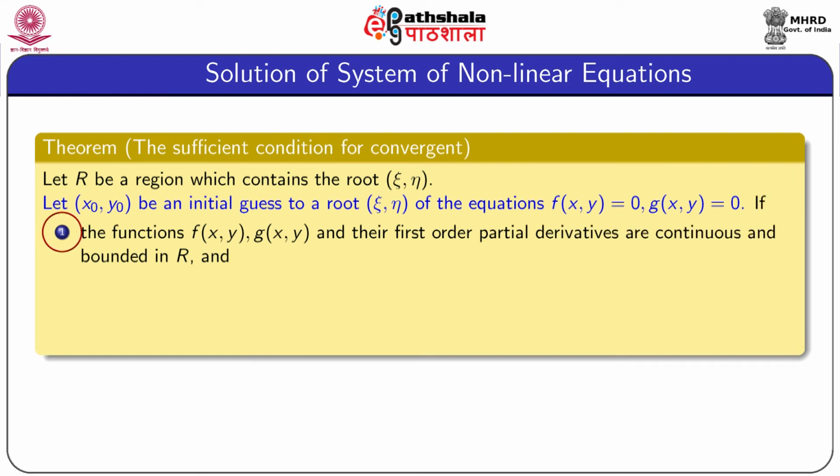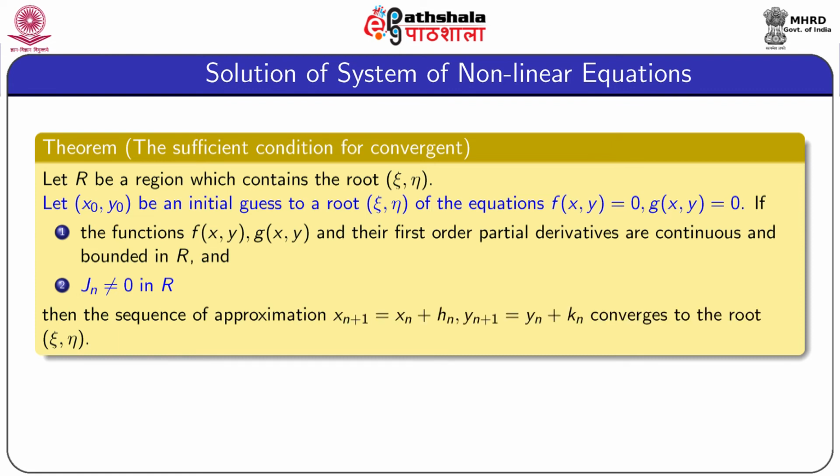If the functions f, g and their first order partial derivatives are continuous and bounded within the region R, and also the determinant of the coefficient matrix at the point (xn,yn) is not equal to 0 within the region R, then the sequence of approximations xn+1 = xn + hn, yn+1 = yn + kn converges to the exact root (ξ, η). So, this is the sufficient condition for the iteration scheme to converge to a root.